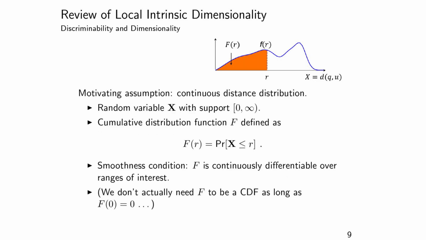For the local intrinsic dimensionality model, we adjust things a little bit. Instead of considering some volume with respect to some unknown dimensional representation, we associate with these balls the probability that some non-negatively valued random variable is less than the threshold r. And we assume as our smoothness condition that F is continuously differentiable over ranges of interest.